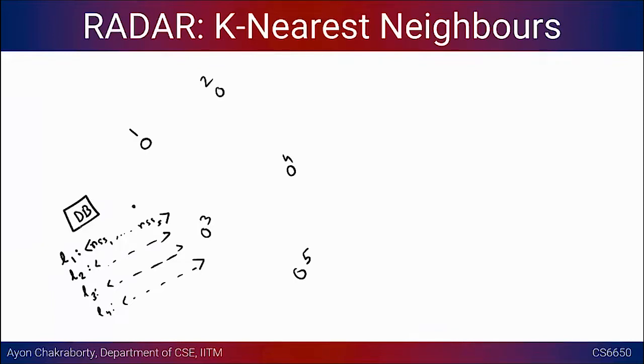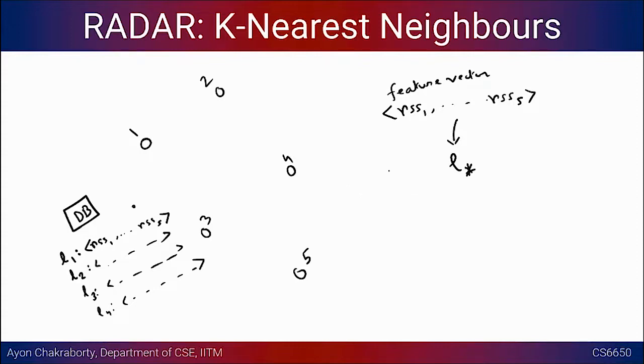What the RADAR authors have done is that whenever you get a certain RSS query, RSS1 till RSS5, and you are interested in knowing the location for this particular feature vector, you simply do a k nearest neighbor search.